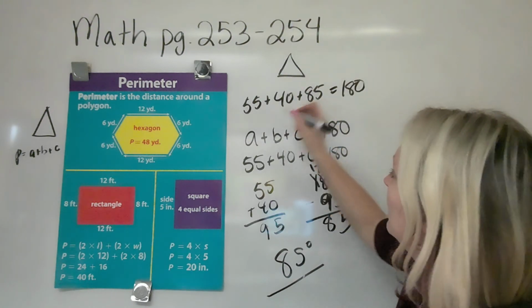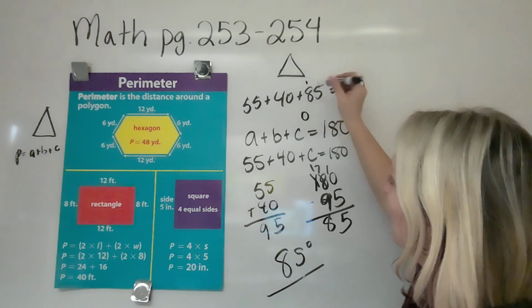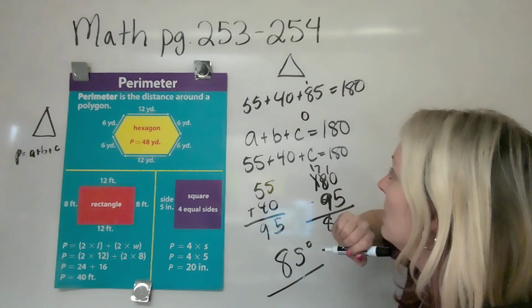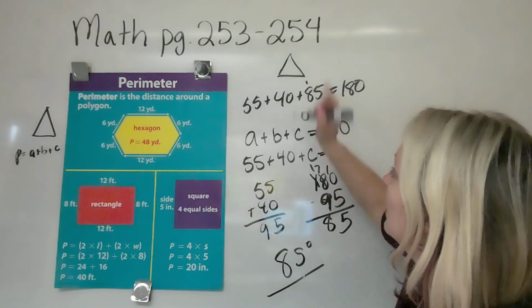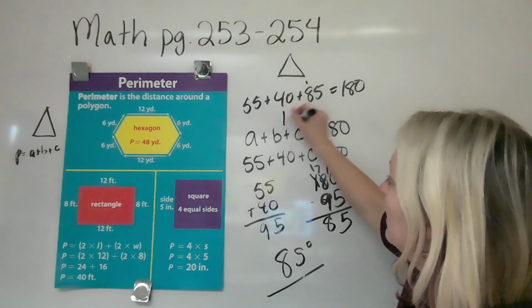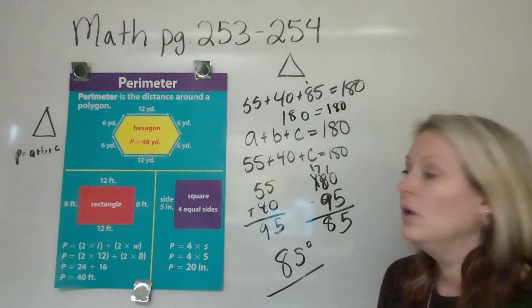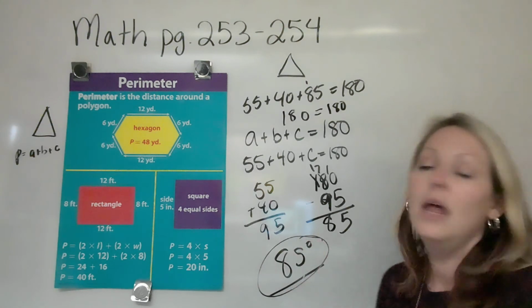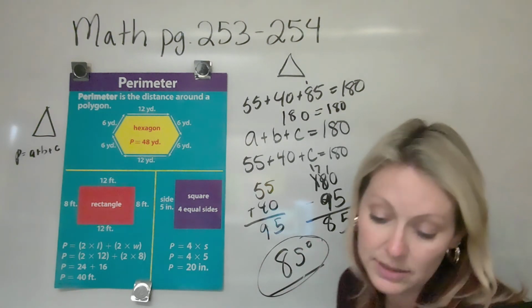So 5 plus 5 is 10. Carry my 1. 8 plus 4 is 12, plus 5 is 17, plus the 1 is 18. There you go. We did find our angle. So the third angle of the triangle was 85 degrees.